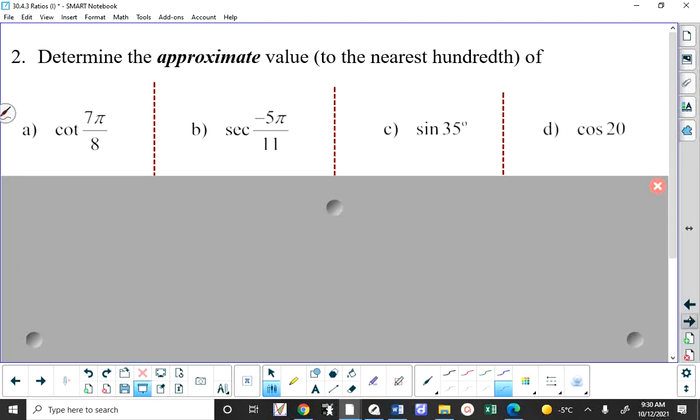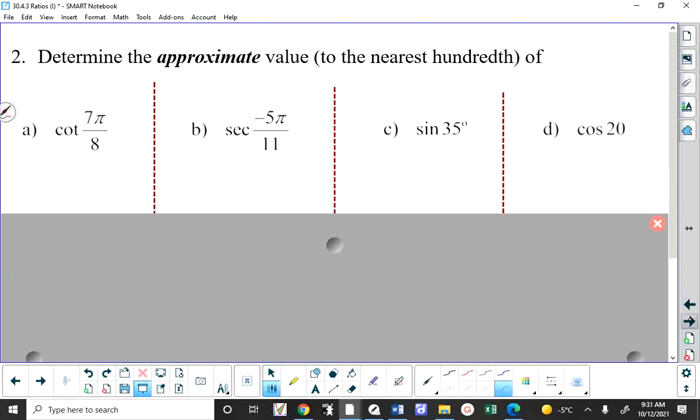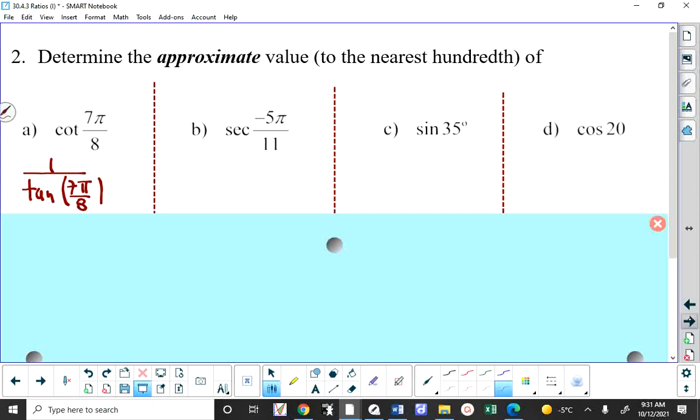So we're going to use our calculator. You're going to take your calculator, make sure that you are in radian mode, and we're going to figure out what the cotangent of 7 pi over 8 is. So what does that mean? It means 1 over the tangent of 7 pi over 8. Listen carefully, everybody. It doesn't mean we're going to take 7 pi over 8 and flip it over or something.